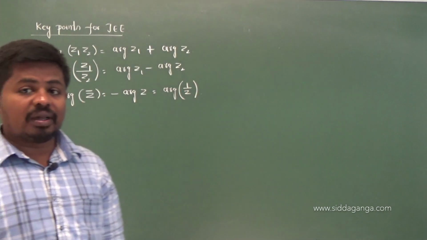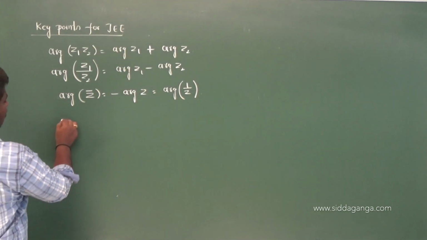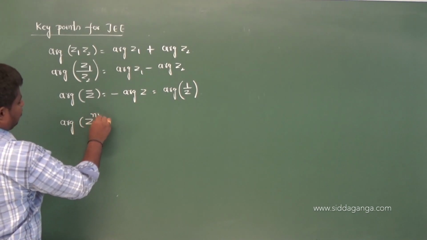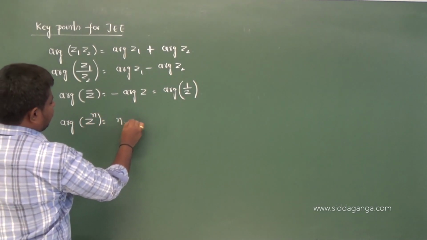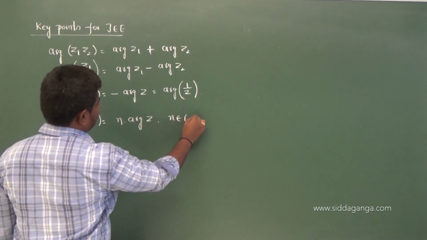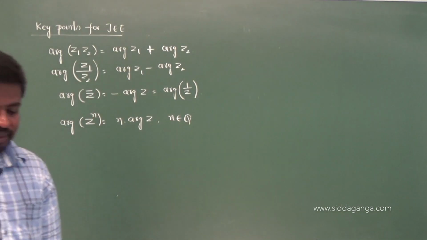All are equal. And the next one is argument of z power n is equal to n into argument of z, for all n belongs to rationals. It's the most important result.